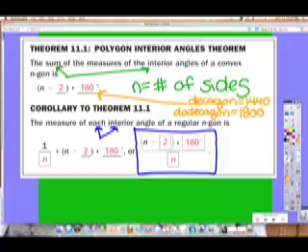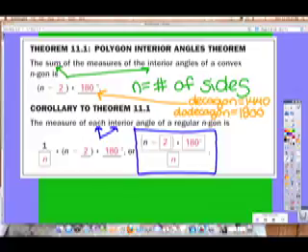Okay, let's do the exact same thing. Can you tell me the measure of one angle in a regular decagon? Stop. Do you know what regular stands for? Do you remember? All sides equal, all angles equal. So if all the angles are equal, can you figure out what one angle equals in a decagon? Use the formula.